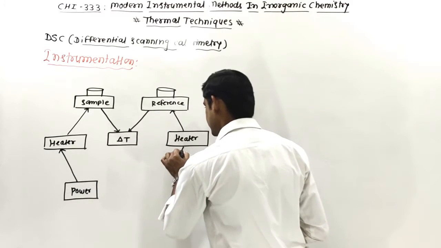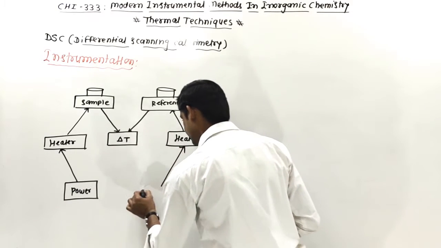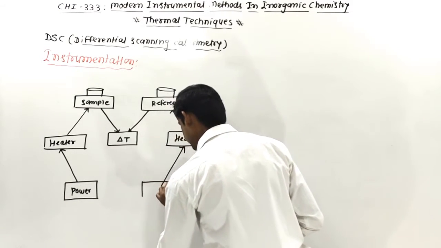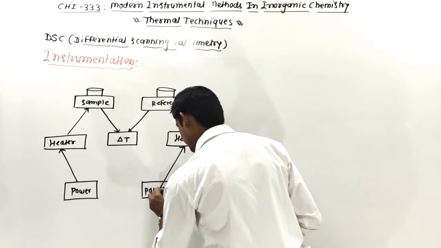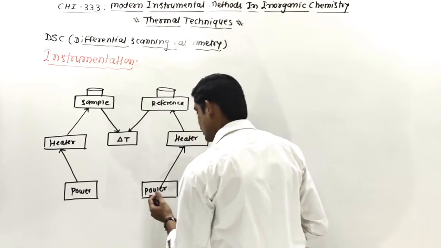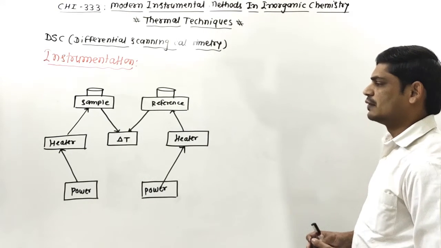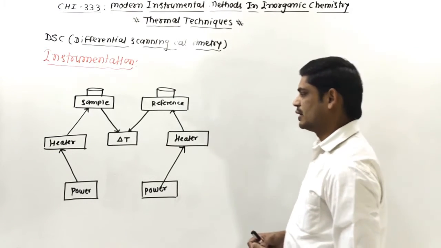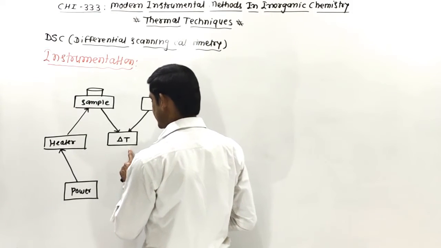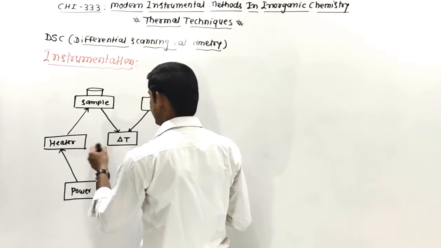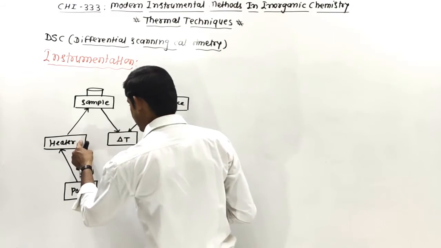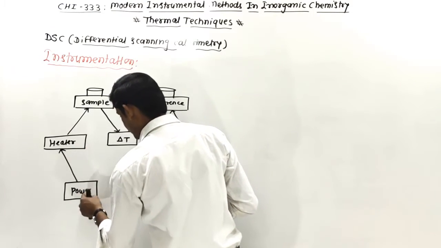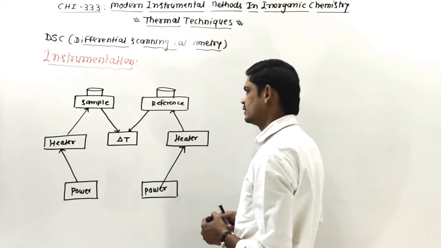This is the power. The different power will be required for the different heaters, because in order to keep the temperature constant, different heating will be required for the sample or the reference, and obviously in order to change the heating rate, different power will be required for that.